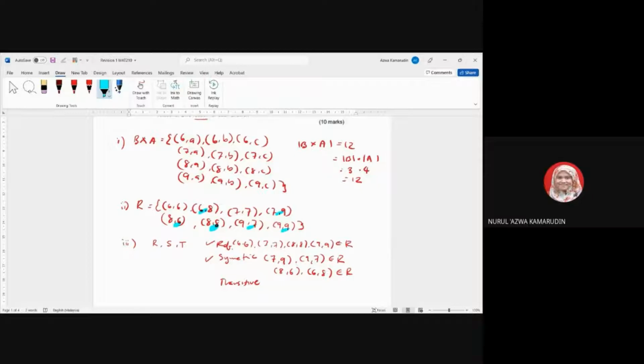Lepas tu you try pula 7, 9, 9, 7 dapat 7, 7. Dan you tengok juga 6, 8, 8, 6 dapat 6, 6. So you kena consider all possibilities. So make sure adalah yang kita nak tu transitive.